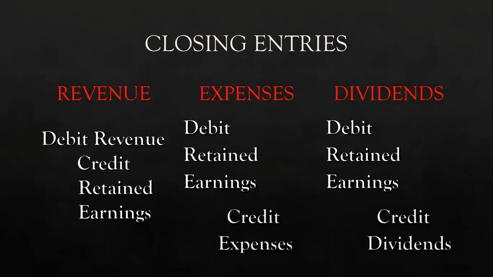So I would credit those accounts to close them. They are like expenses, okay? They offset the revenue, they decrease the total revenue, but on the closing question for the exam, it won't have those as part of the problem. Okay.